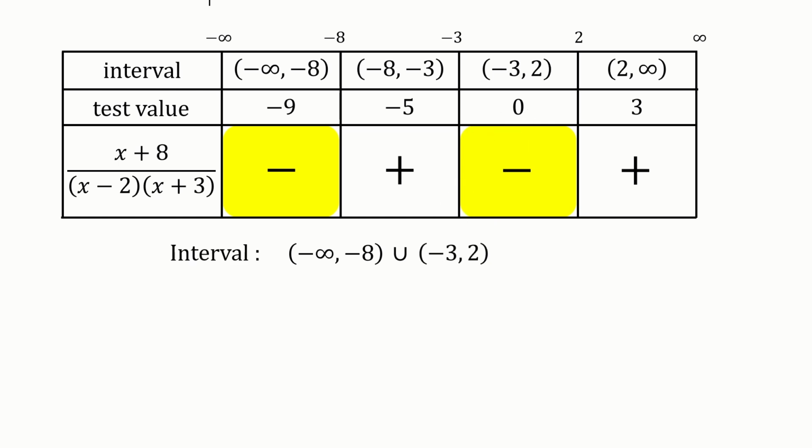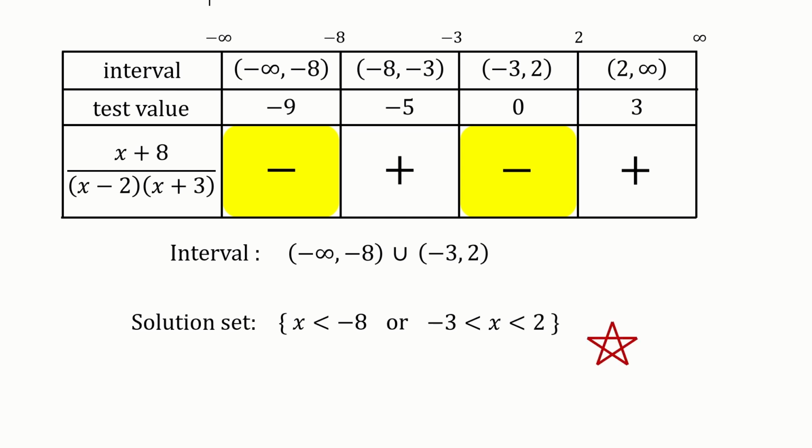Right, but this is in interval form. We want the solution set. So we convert this into a solution set: negative infinity to negative 8 is equivalent to x less than negative 8, or for the interval from negative 3 to 2, this is x between negative 3 and 2. Right, so that is the answer.